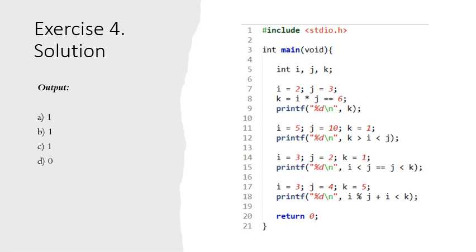But within your sub-expression, i remainder j plus 1, your remainder has higher precedence, so we evaluate this one first. i remainder j, which will be 3 divided by 4.